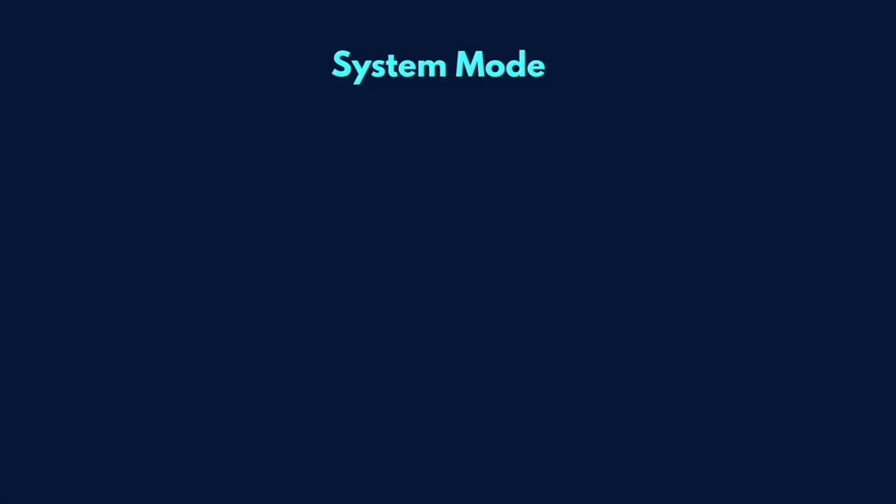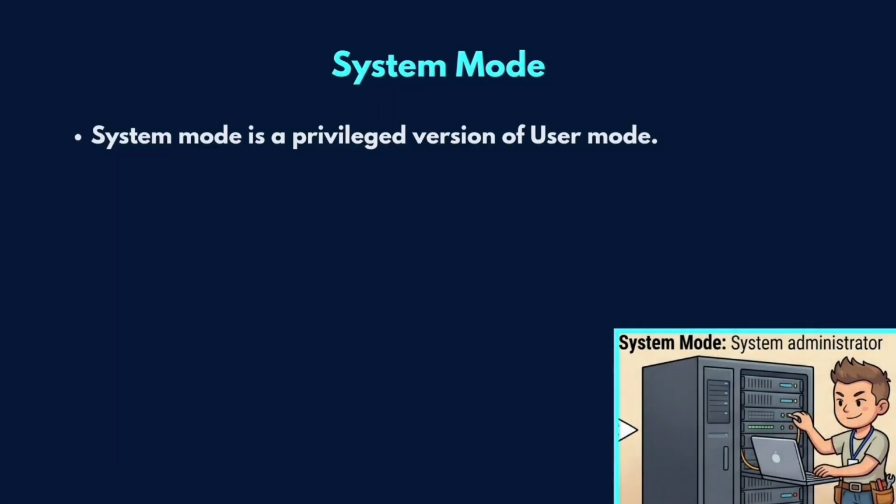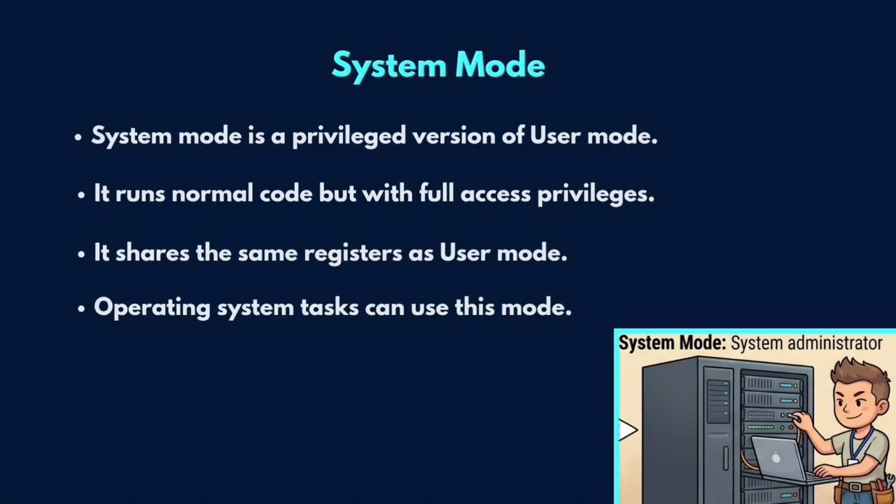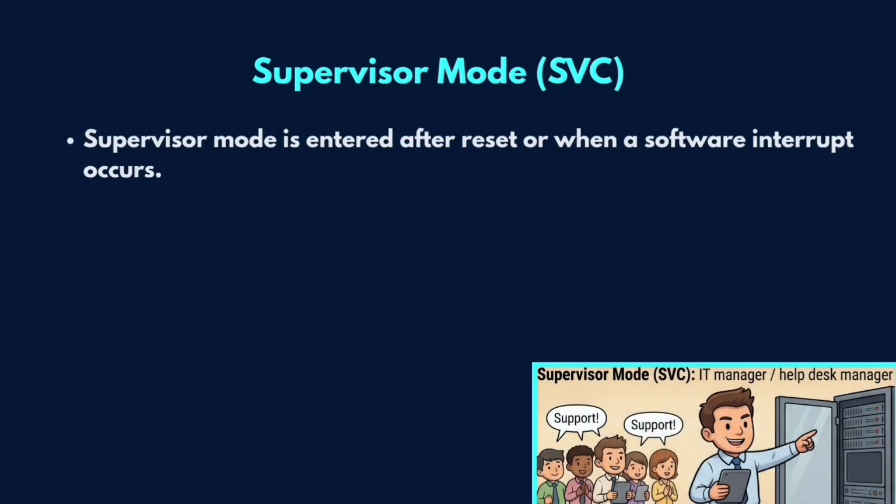Next, we have system mode. System mode is a privileged version of user mode. It runs normal code but with full access privileges. It shares the same registers as user mode. Operating system tasks can use this mode. Supervisor mode. Supervisor mode is entered after reset or when a software interrupt occurs.